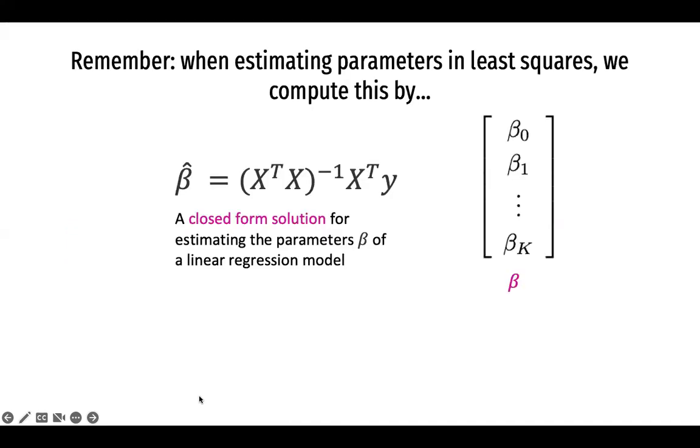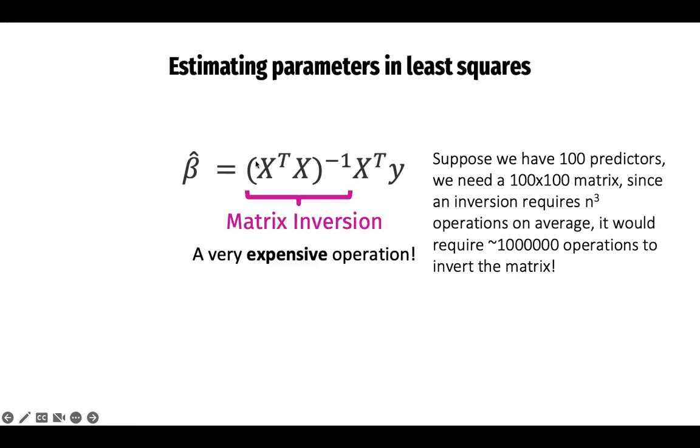Okay. Now, when estimating the parameters in least squares, we compute this by using this closed form solution, and so we can obtain this vector of weights beta. The problem is that in this kind of closed form solution, there is a computation which involves a matrix inversion, and it is a very expensive operation.